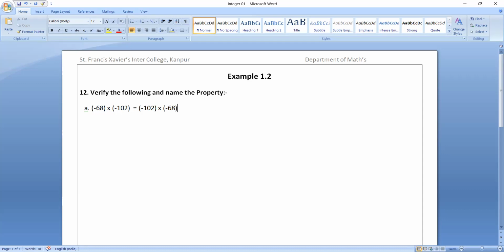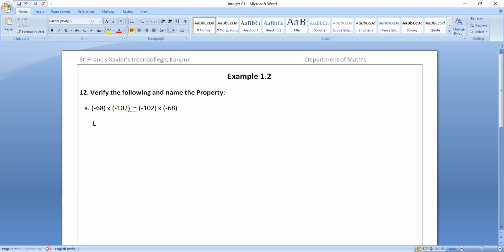So my dear students, you can easily identify which property is used here. Firstly, we have to see that the order is changed. So the property that we are going to use is called commutative property, and we have to verify the number as well.